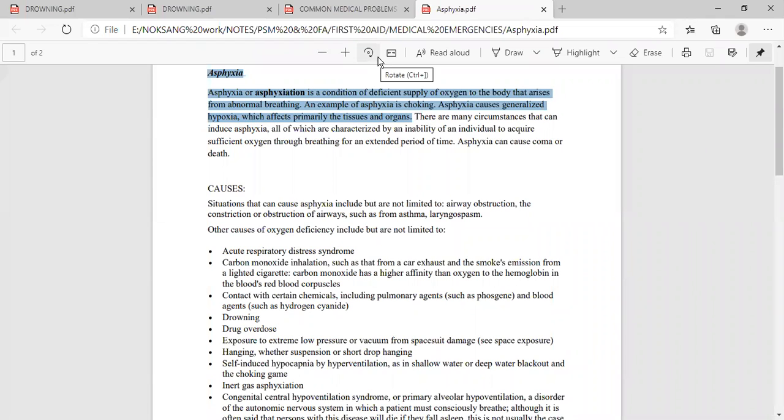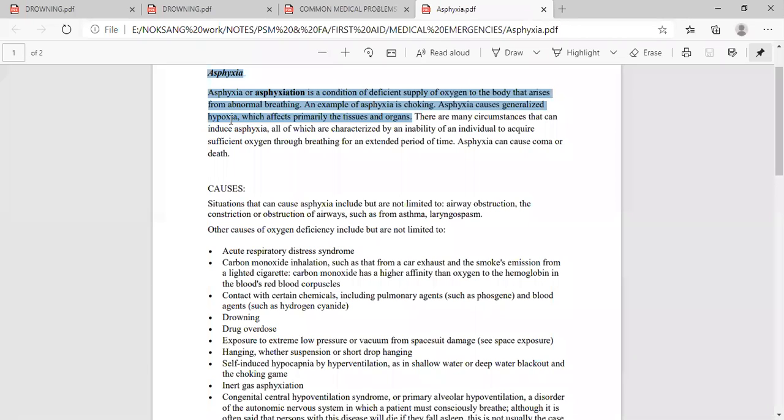Yes or no? Okay, asphyxia causes generalized hypoxia. Hypoxia means whenever there is insufficient amount of oxygen to the body tissues, it is known as hypoxia. Or you can say absence of oxygen.